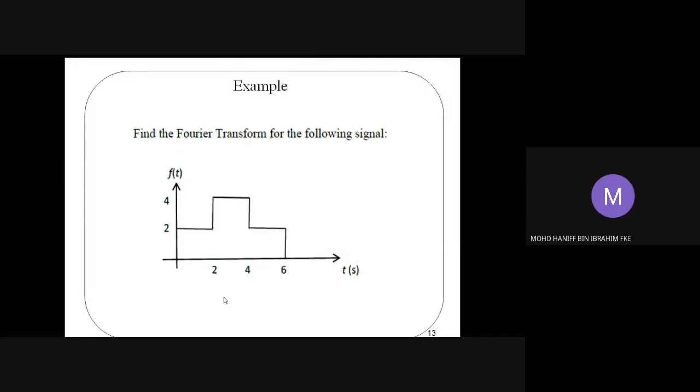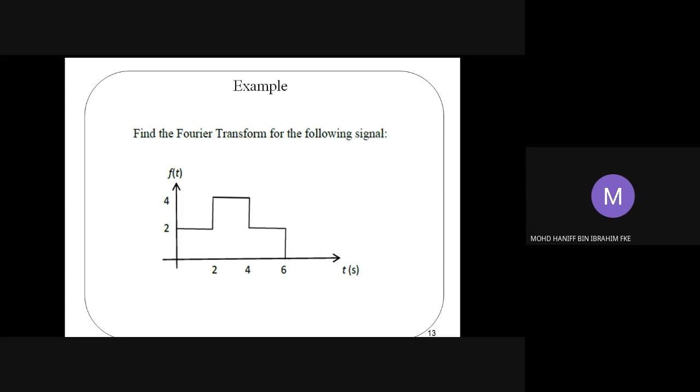Again, we have another example. Based on this example, basically we are repeating the first example that we did in this slide and in this lecture 10. We notice that the signal f(t) is a summation of two different signals. The first one is a rectangular function with a duration from 0 to 6.